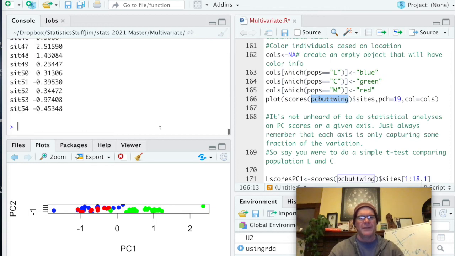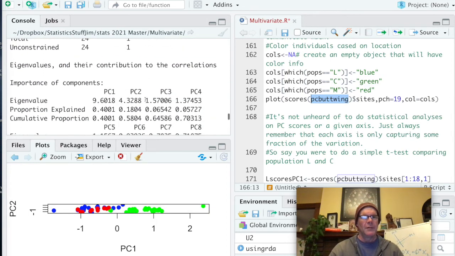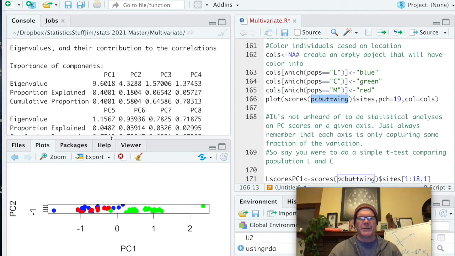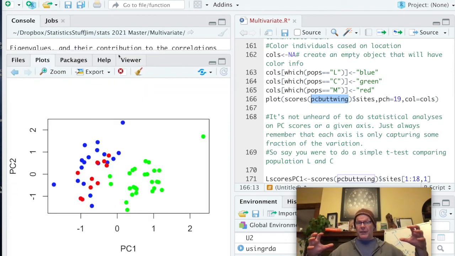Summary. Where am I? 40. Good memory, Jim. So clearly they're being spread apart pretty well by PC1, and then we just have to remind ourselves, PC1 is what? 40% of the variation. PC2 is 18% of the variation.